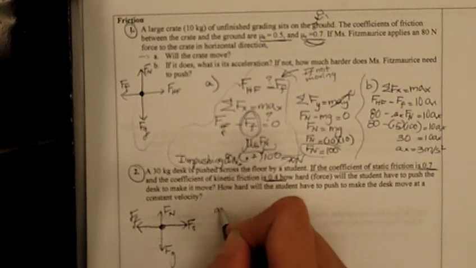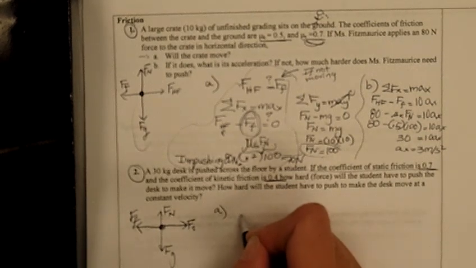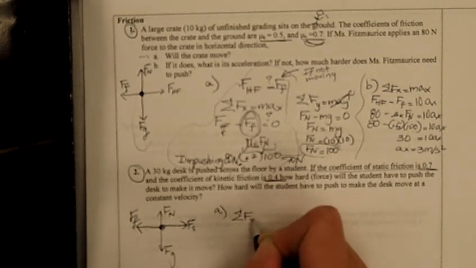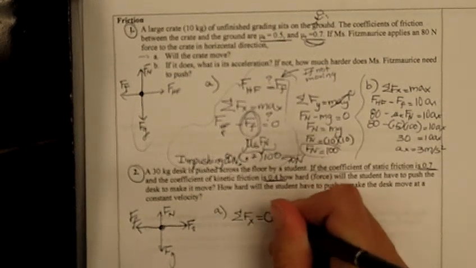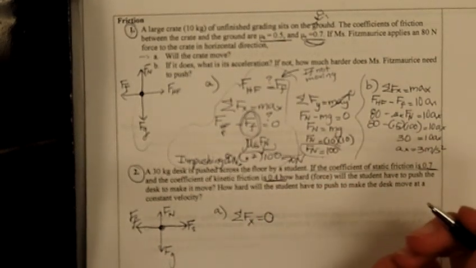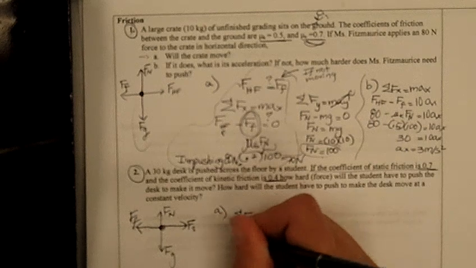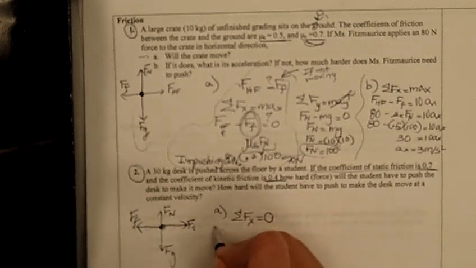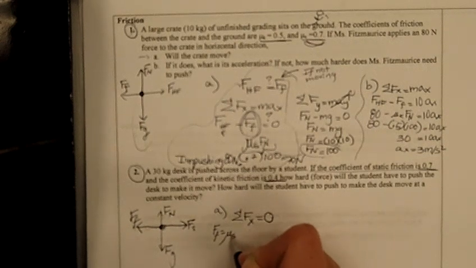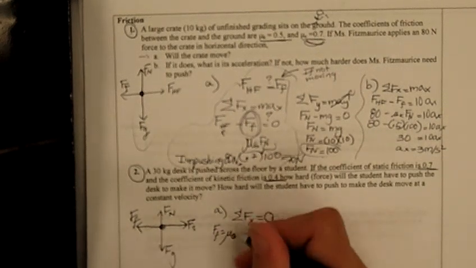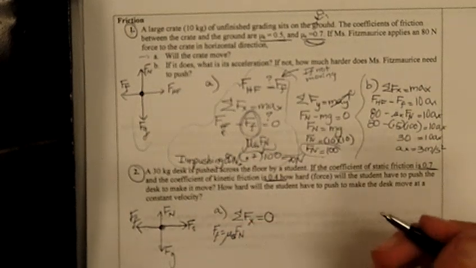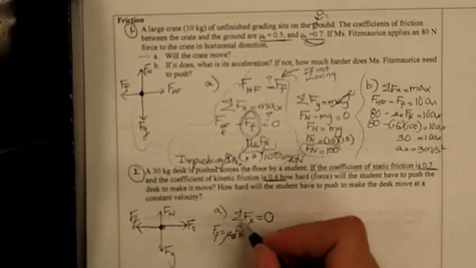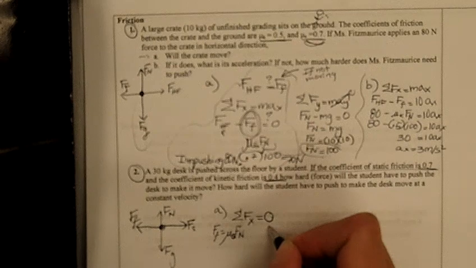To make the desk move, we know that there's no acceleration, and to just barely move, Ff is mu s, our static friction, times Fn. So we have sigma Fx equals 0.